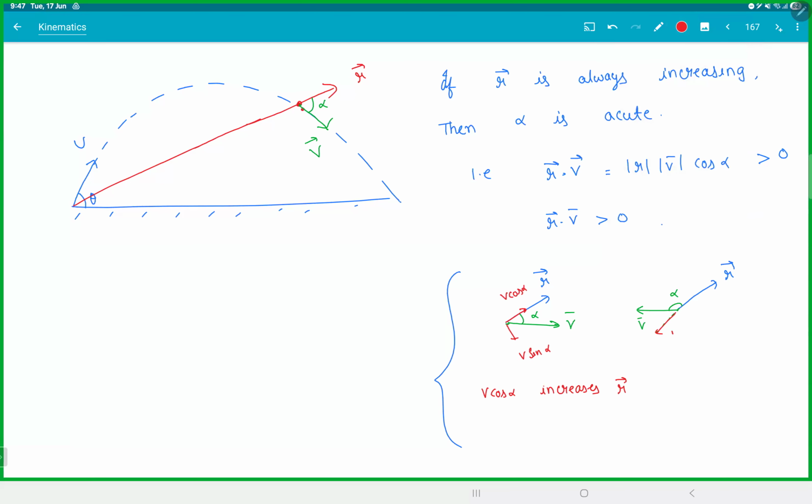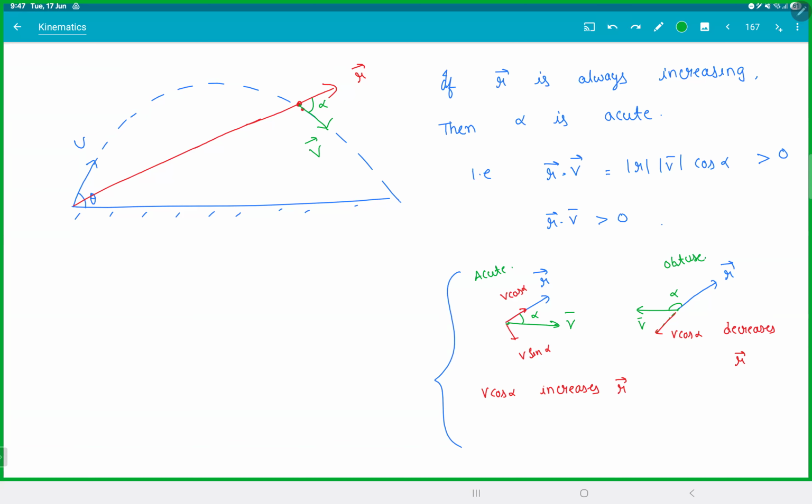Then your component will be this way, which is V cos alpha, and here V cos alpha decreases R bar. So this is acute. There, this is your condition: R bar dot V bar is greater than 0.